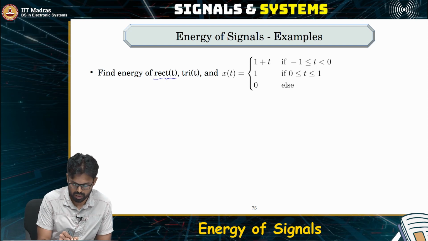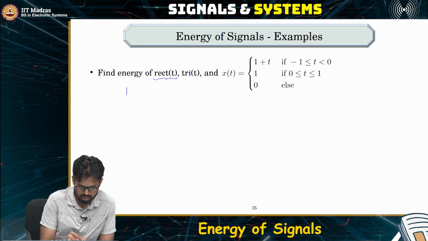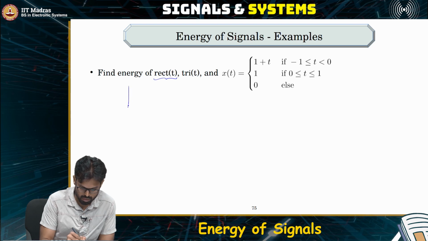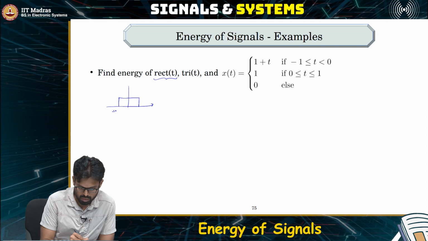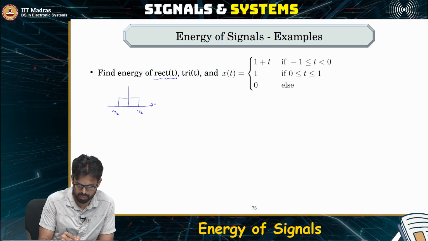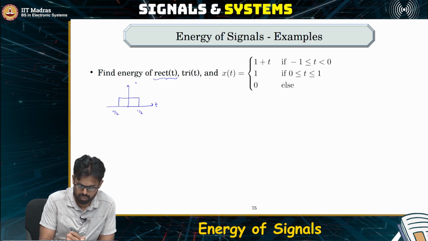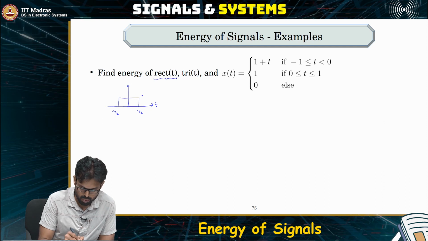The first signal here is the rect signal, very simple. Minus half to plus half, the value is 1.